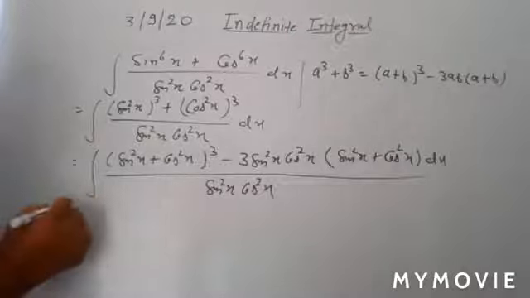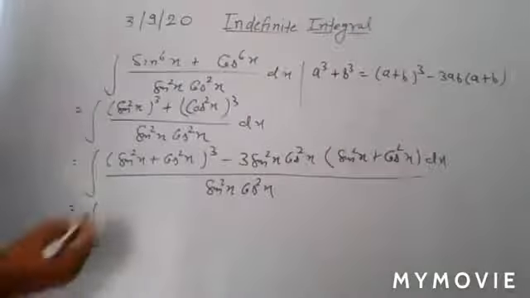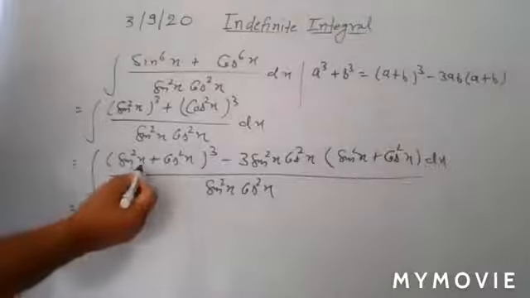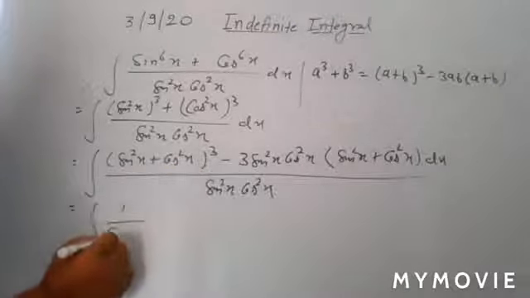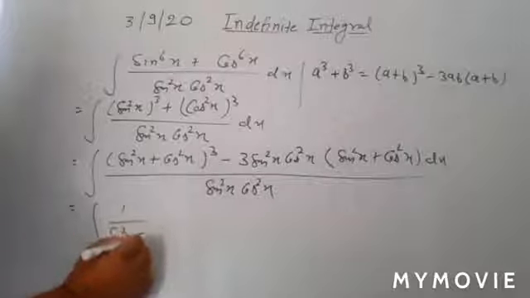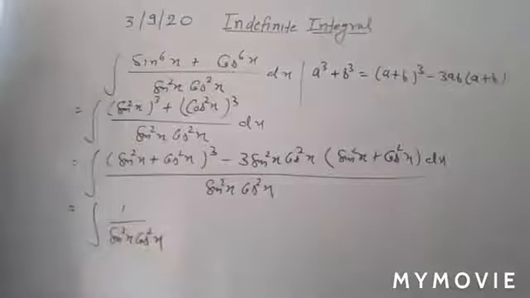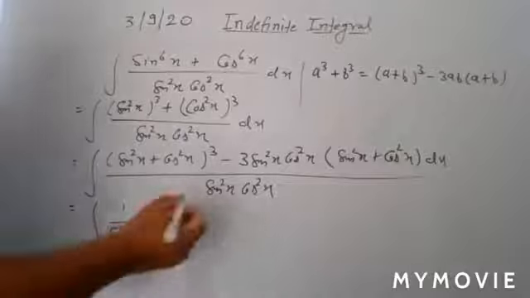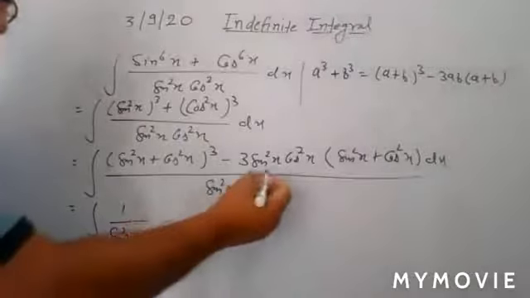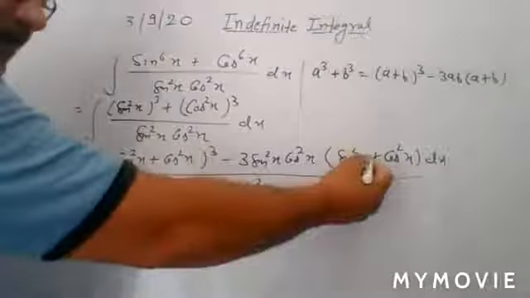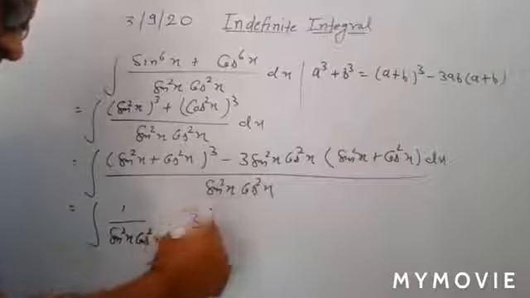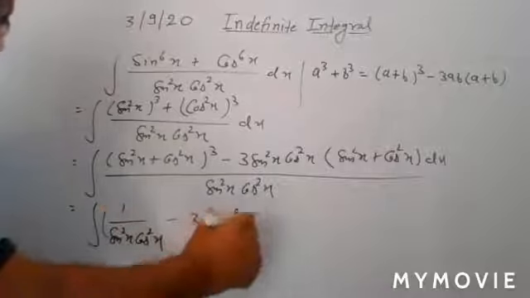Now just distribute it. Here you have 1, here you have 1, so you can write 1 upon sine square x cos square x. You write it in this way. And if you distribute here, sine square x cos square x and sine square x cos square x cancel, and here you have 1, so you have only 3 into dx.